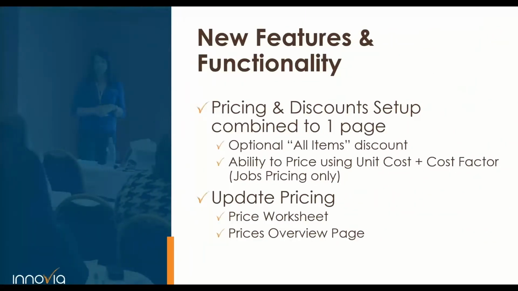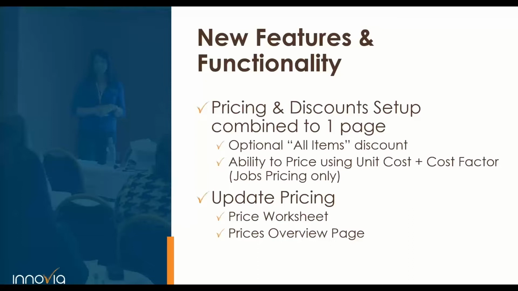All right, so new features and functionality. For those of you currently on NAV or Business Central, you know there's two screens for pricing and discounts, sales prices and sales line discounts. The new sales pricing experience has combined the pricing and discounts together into one page called a sales price list. Now, on that sales price list, there's a couple new features they've implemented.